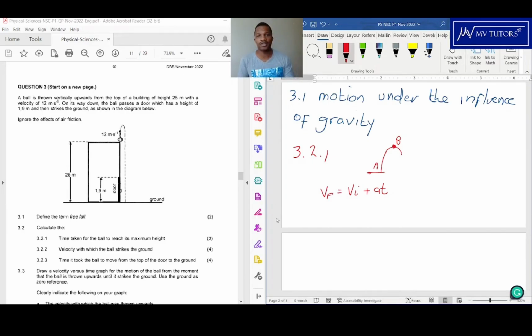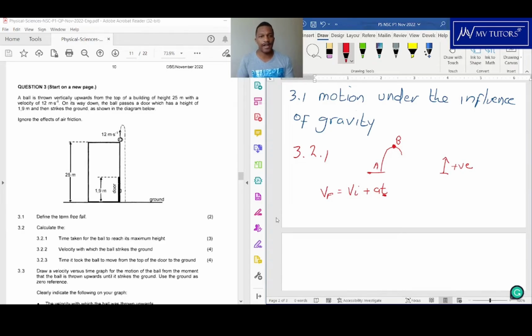This is one formula that you can pick because what we are really calculating here is the time. So make sure whatever formula you pick has a time variable in it. First of all, let's choose a direction. We're going to choose upwards as positive, right?